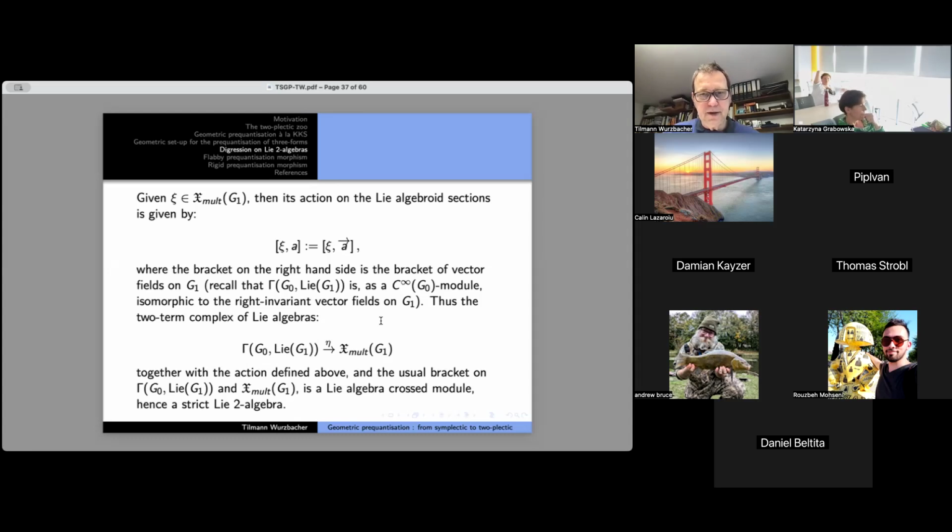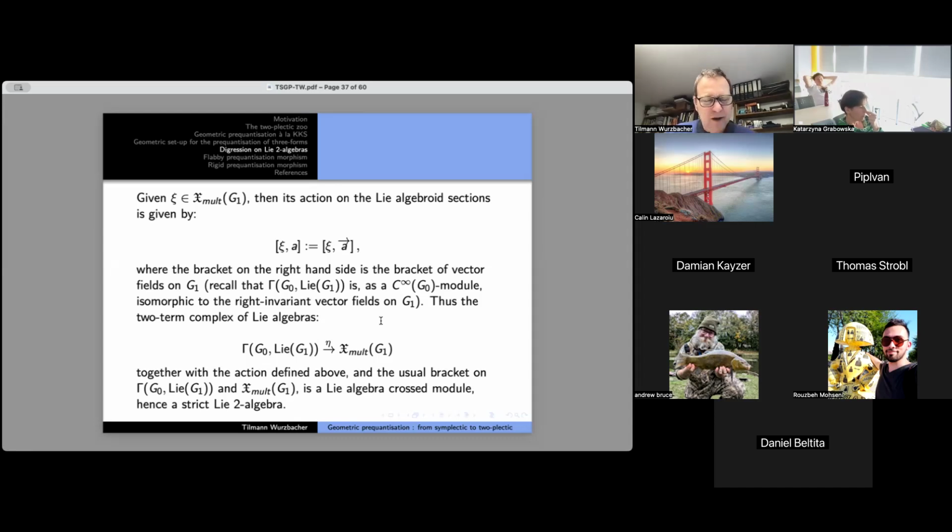And this is a natural crossed module associated to this groupoid. And thus one can construct a strict Lie 2-algebra from it, because of the construction above, that a crossed module gives a strict Lie 2-algebra.